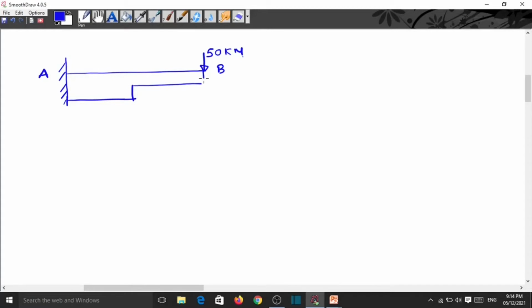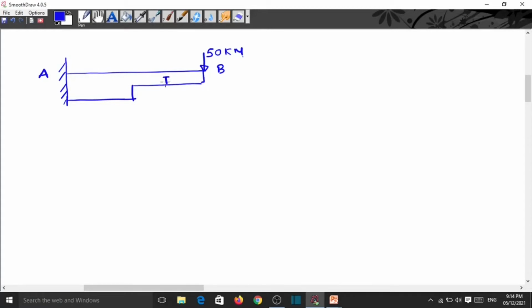Now we take here the example. Suppose this is a cantilever beam which is subjected to a 50 kN load at the free end. This end is A and this end is B. Now suppose this has different moment of inertia here.